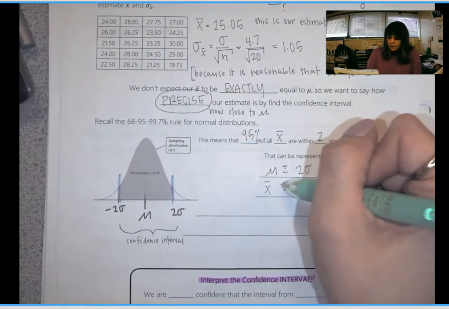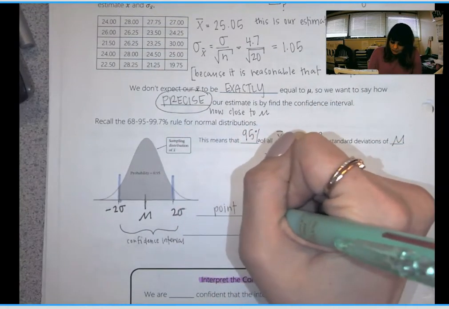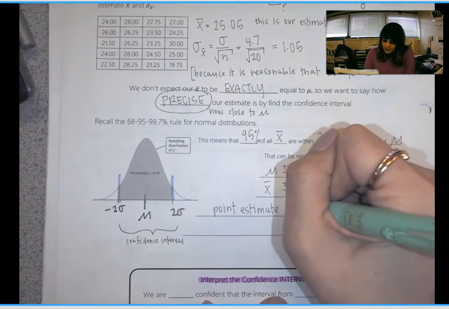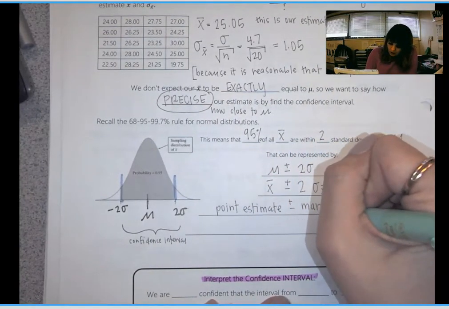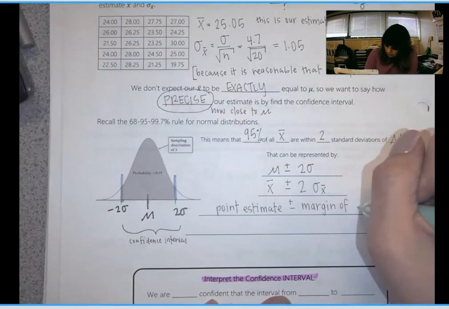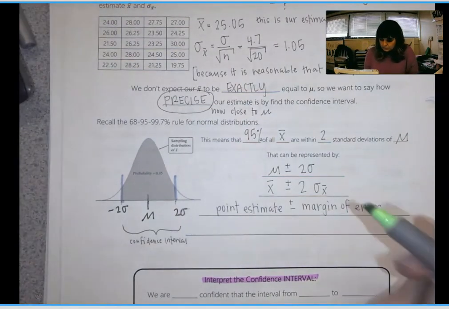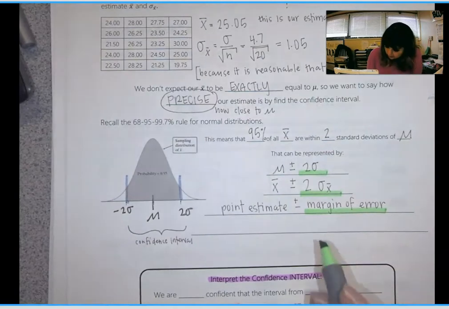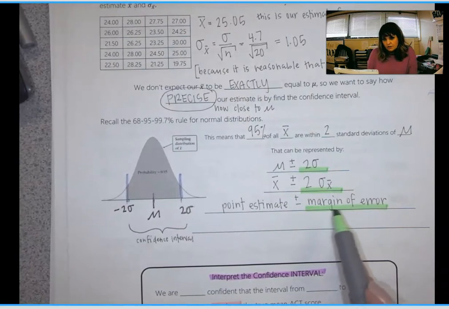Well, echoing last time, x bar we know is our point estimate, which means that this 2 times sigma sub x bar must be our margin of error. So these things are related. 2 sigma sub x bar is our margin of error.